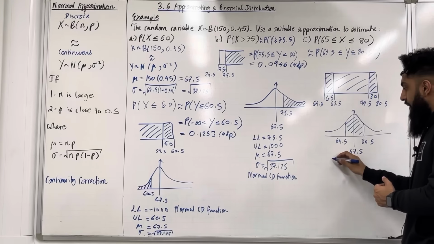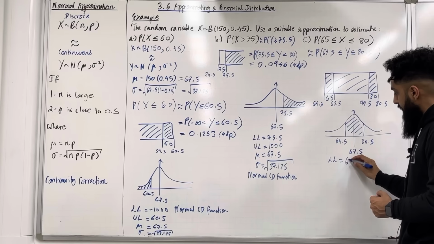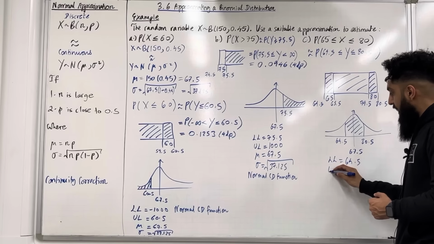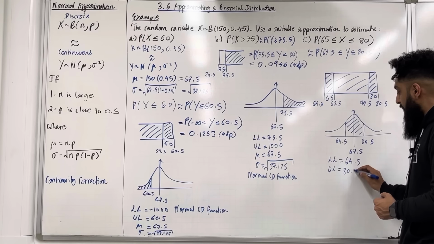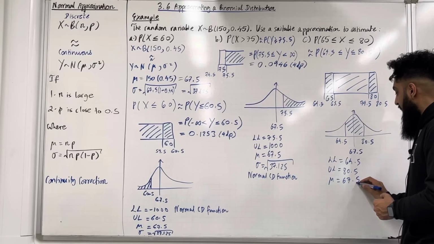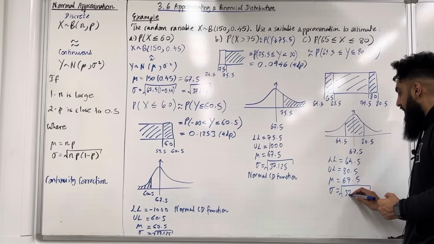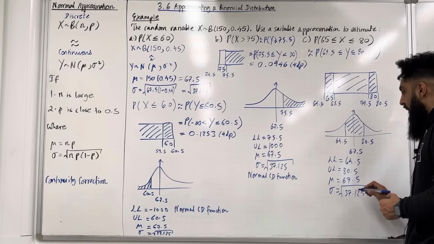Over here we see that the lower limit is equal to 64.5. The upper limit is equal to 80.5. The mean mu is equal to 67.5 and the standard deviation sigma is the square root of 37.125.